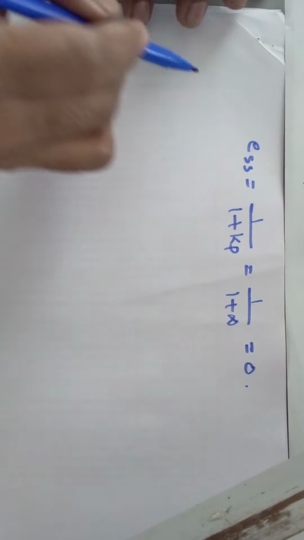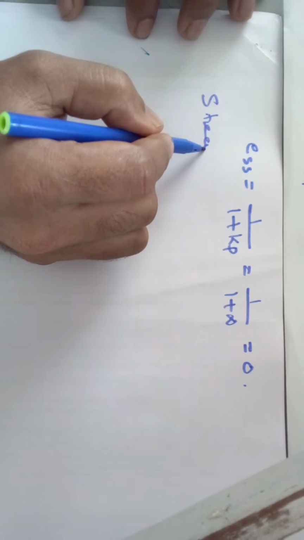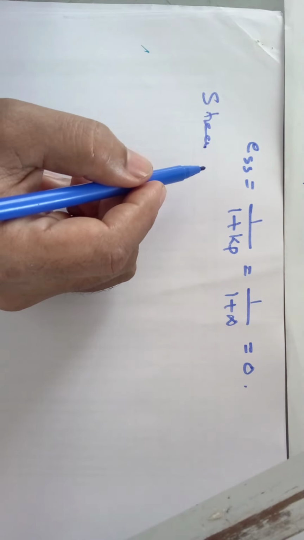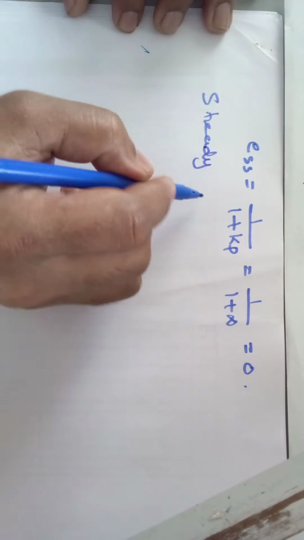So the next case is the steady state error when you apply a unit ramp signal; you are just changing the input type here.